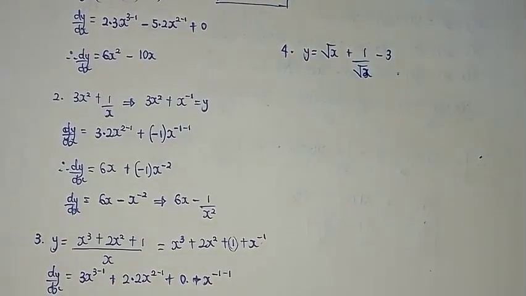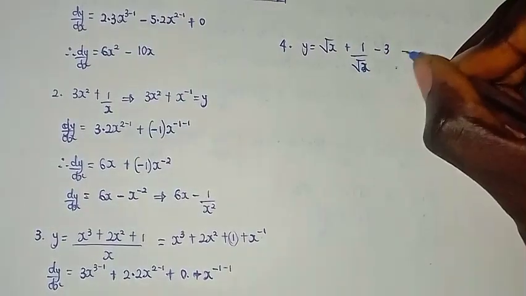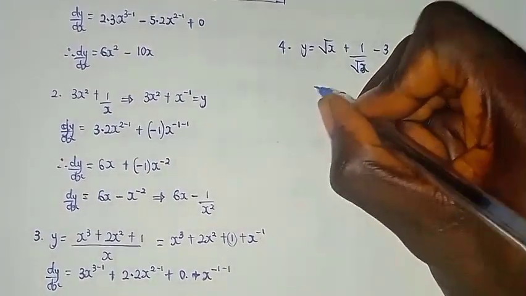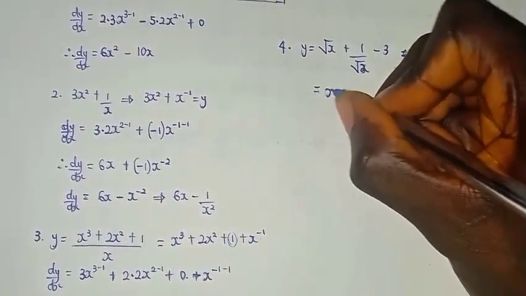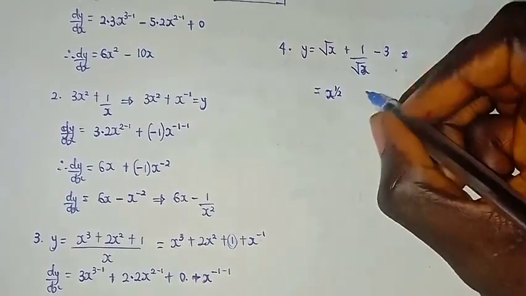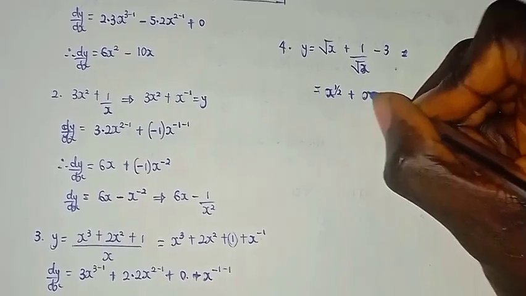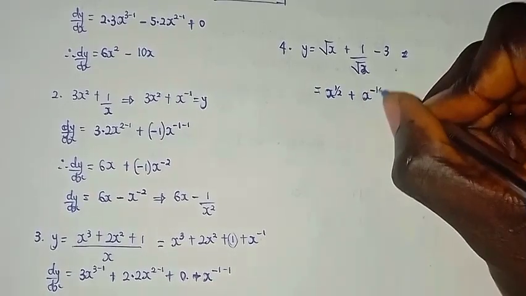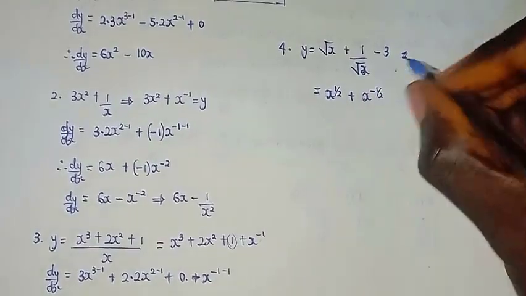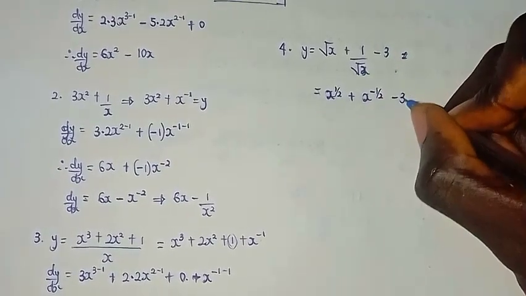From the laws of indices, we can simplify this further. This becomes x raised to the power of 1 over 2 plus x raised to the power minus 1 over 2, and then this remains as minus 3.